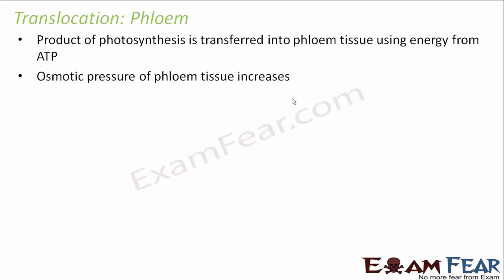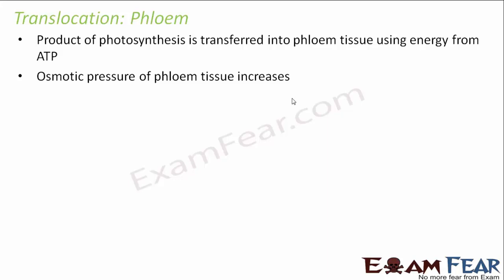Now the osmotic pressure of the phloem tissue increases. So now we are seeing what actually causes this translocation to take place. Like how we saw in case of ascent of sap, it occurred because of the processes diffusion, osmosis and transpiration. Similarly, why does translocation occur? What causes it to occur?